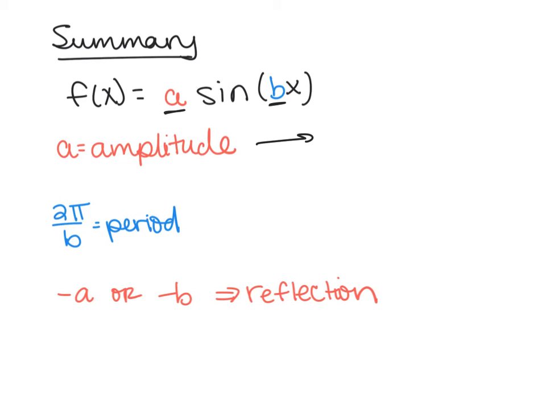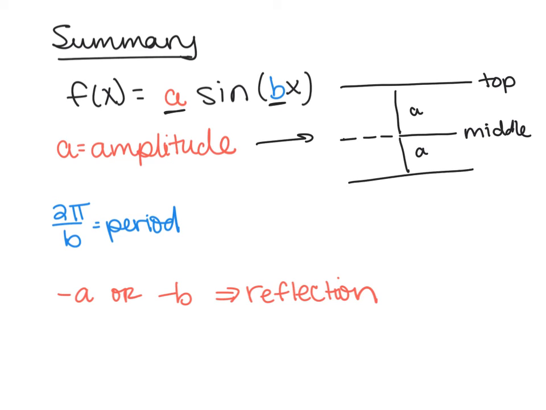So essentially as you're setting your sine graph up, wherever the middle of the graph is, which today is just going to stay at 0, we haven't done any translations yet, whatever your amplitude is, you would count up to that for the top of your graph, count down that value for the bottom of the graph. And then you know the sine curve will just fall in between those two lines. You start in the middle, goes up, down, back to the middle.